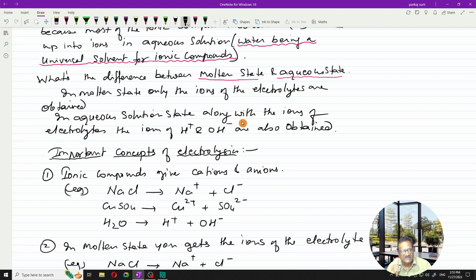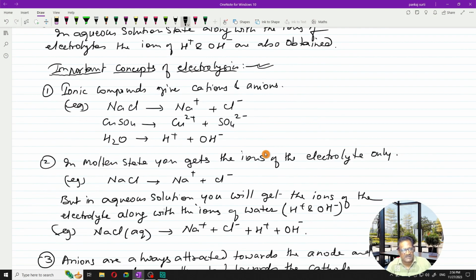Is that clear? So let us now try to understand the important concept of electrolysis. The first point is ionic compounds give cations and anions. Any ionic compound, on passing current through it in the molten state, will be decomposed into anions and cations.